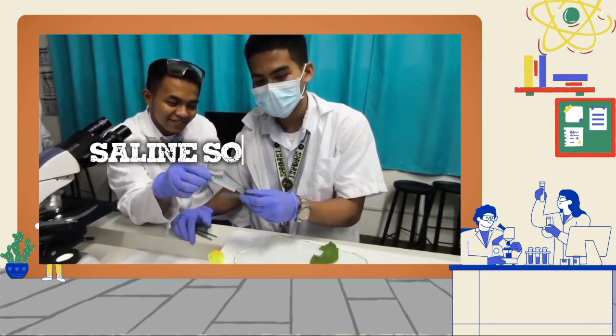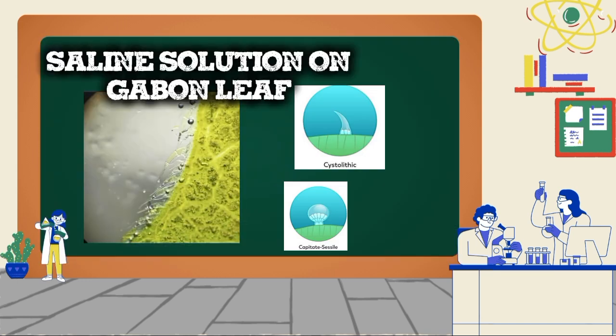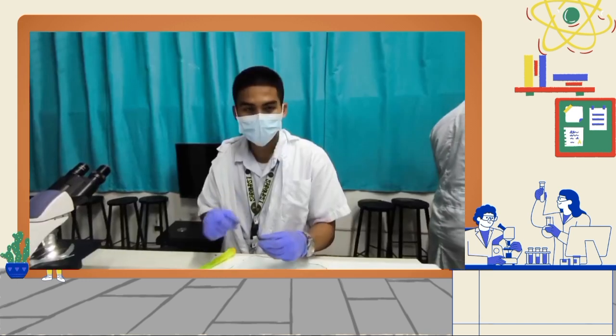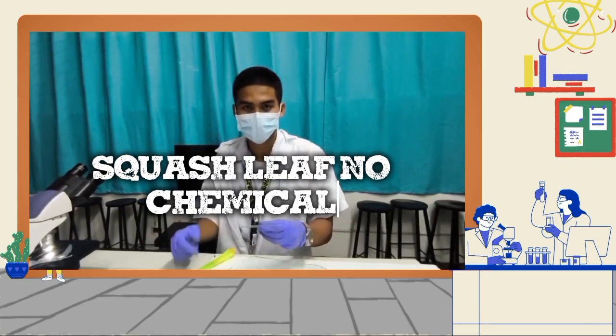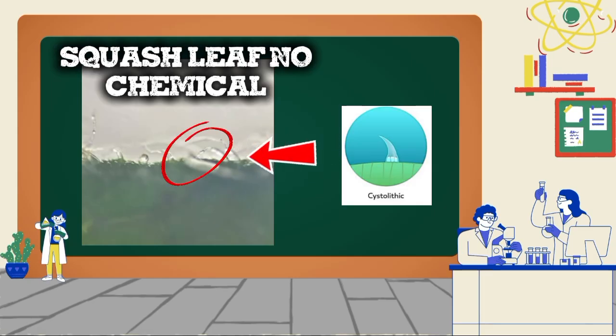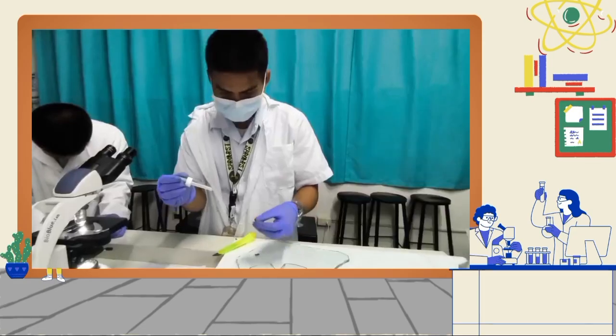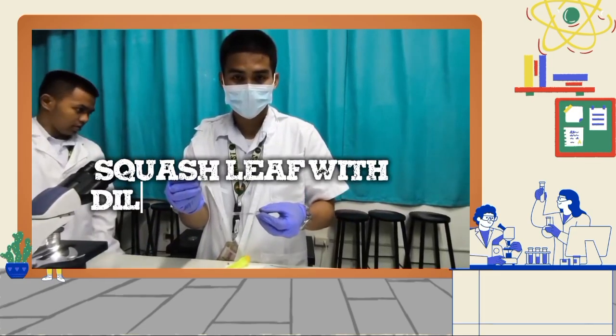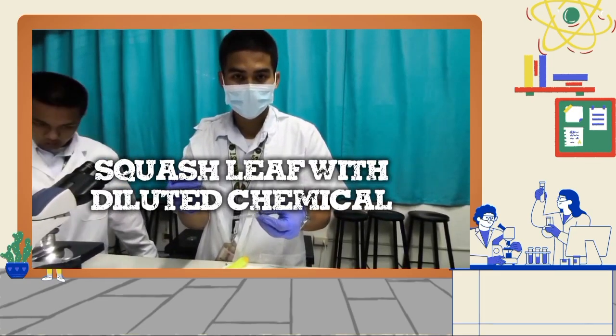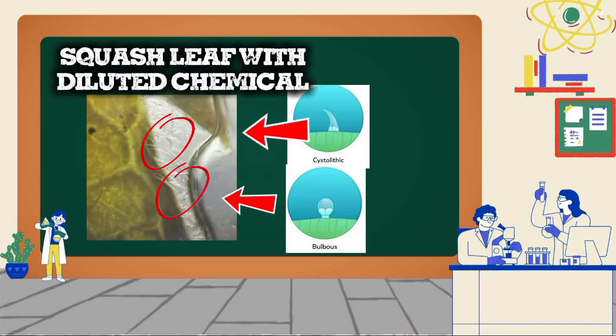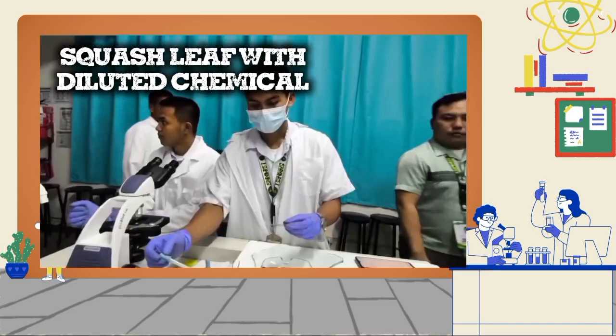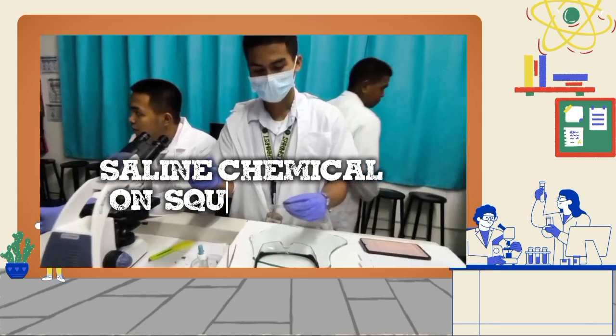Saline chemical on the Gabon leaf. Next, the squash leaf without chemical. The squash leaf with diluted chemical. Applying saline chemical on the squash leaf.